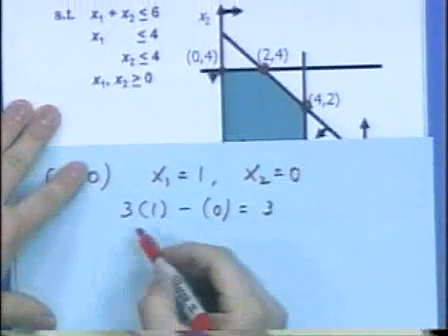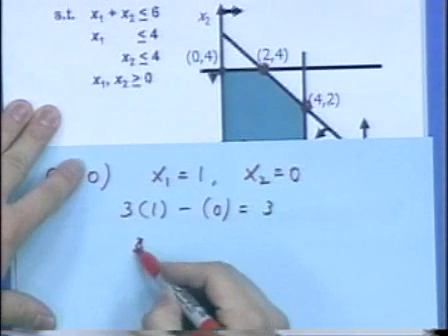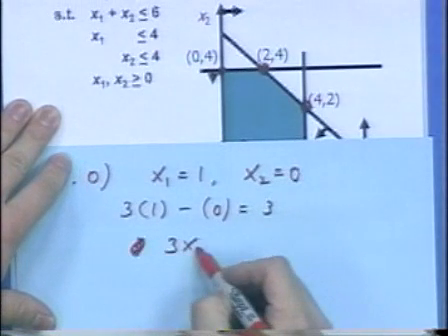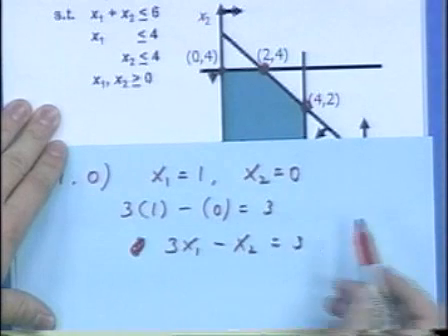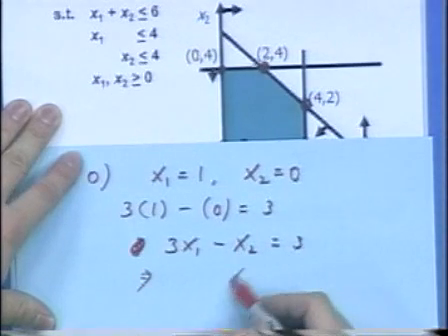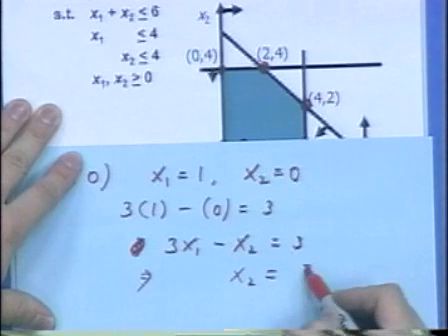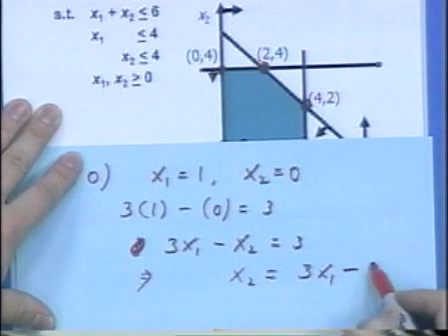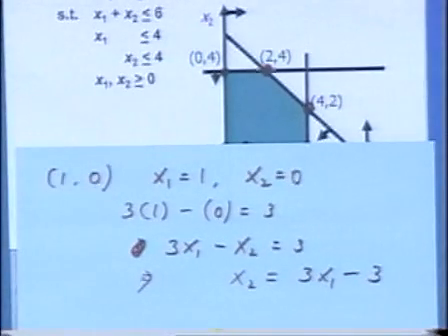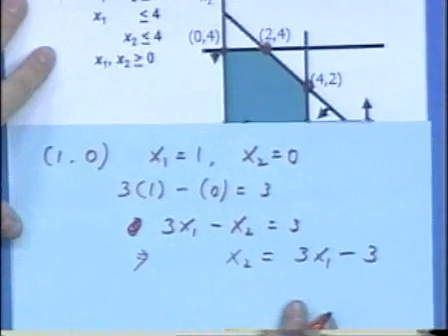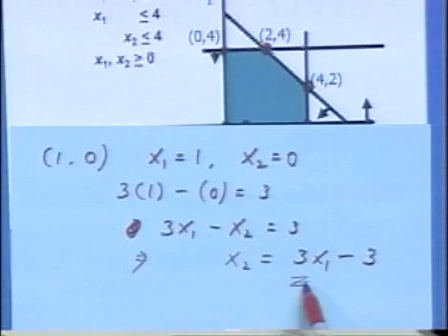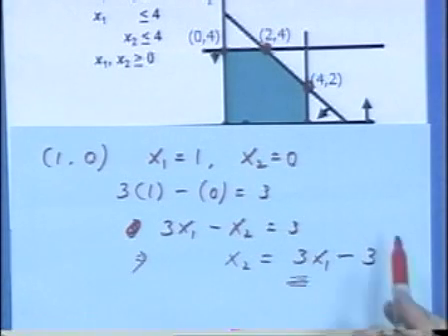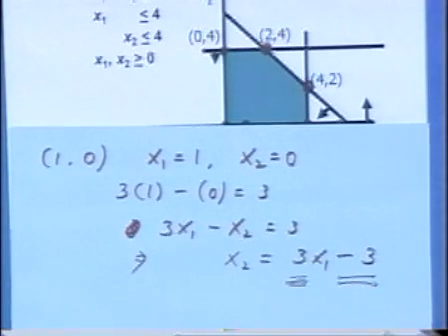Which means 3x1 minus x2 equals 3, and x2 equals 3x1 minus 3, right? So this line has a slope of 3 and an x2 intercept of negative 3, right?